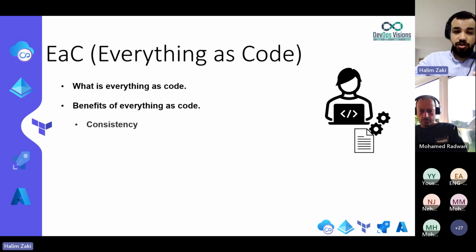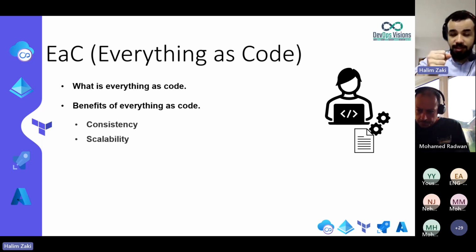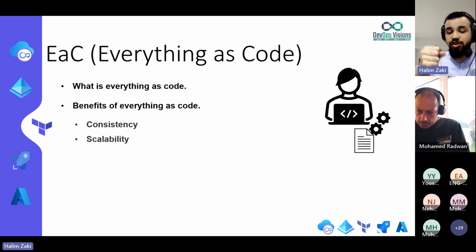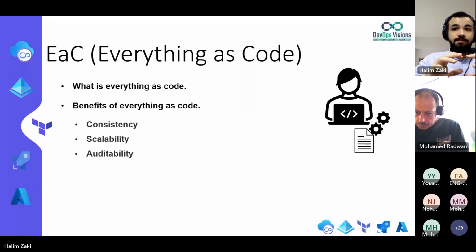Everything as code is consistent. When you're building an infrastructure, it will be the same across all environments. It's scalable because we have the same thing. By a click, we can provision as many environments as we want. Also, there is auditability, where we can edit and change in one centralized template, and it will make the change flow itself to everything else.